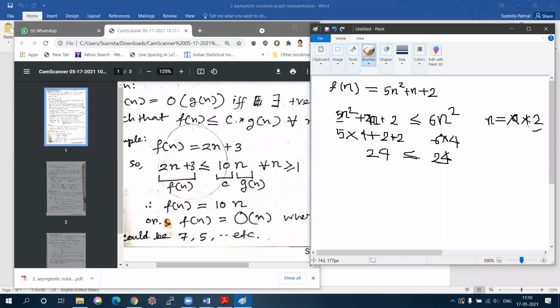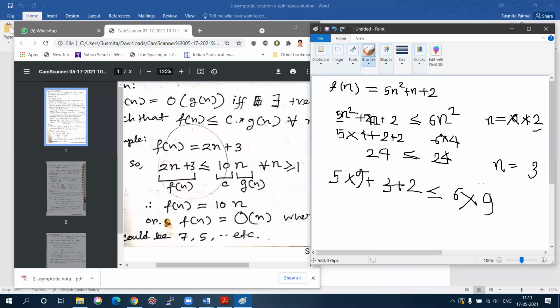If I take n equals 3, then definitely this function, that means 5 into 9 plus 3 plus 2, is less than or equal to 6 into 9.